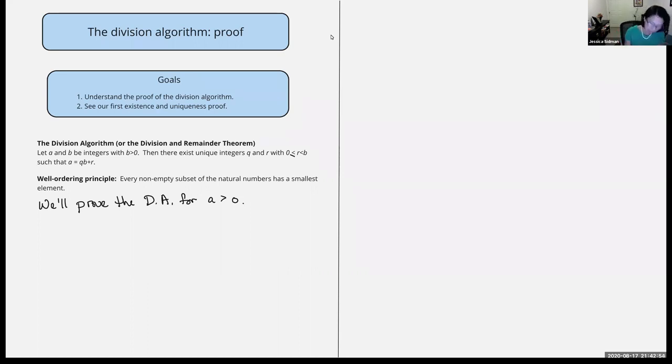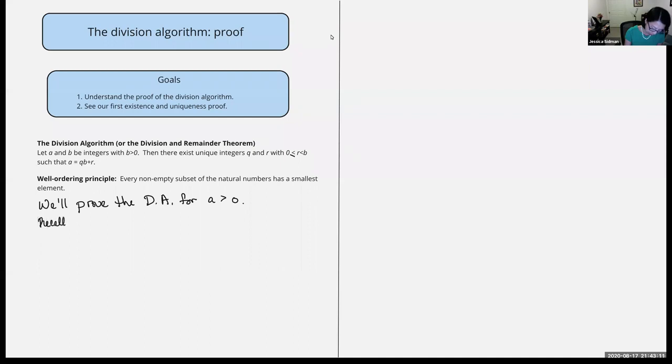So before we get into the proof, let me remind you with a diagram how we're thinking about the division algorithm.